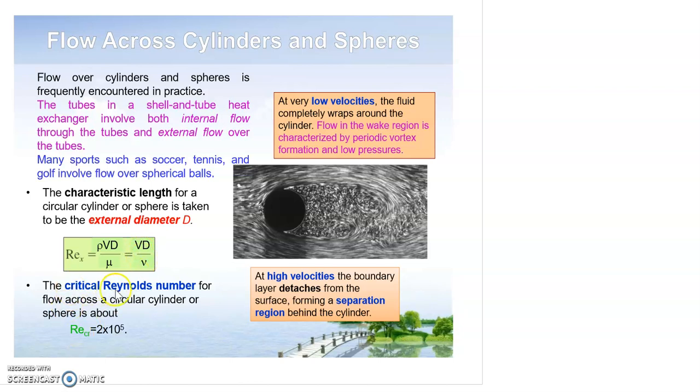And the critical Reynolds number for cylinder and sphere is 2 times 10 to the power of 5.